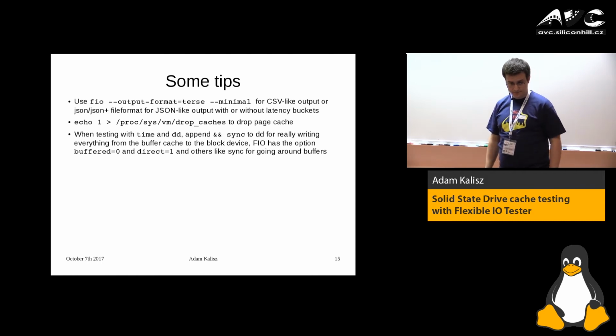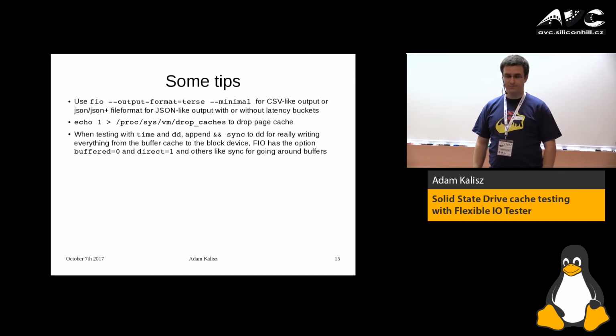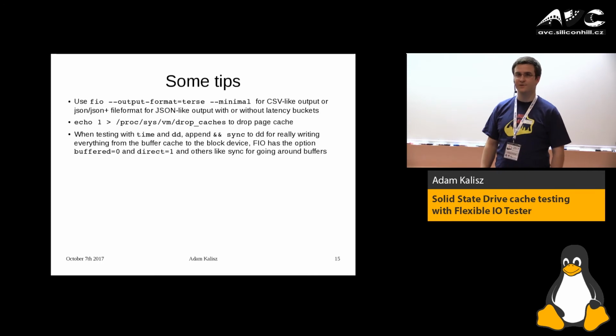Some other tips. If you do a lot of testing, please use the output format terse. It will save you a lot of time. And you can use minimal as well, the option. So you get a CSV-like output. You can even use the option json or json+.